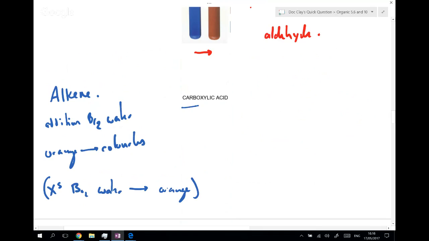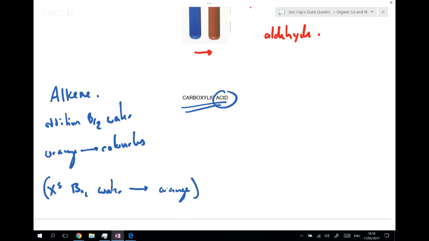The final test here then is your carboxylic acid. Carboxylic acid we test as an acid, and so to be aware, a test tube reaction. I'll come back to the Tollens reagent. I'll just finish off here the carboxylic acid.